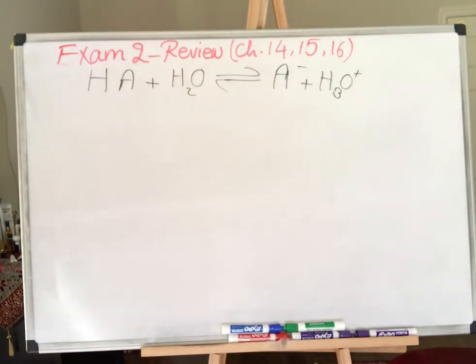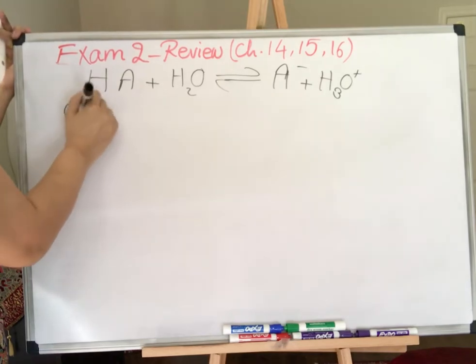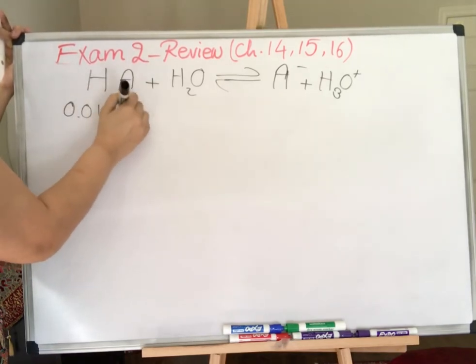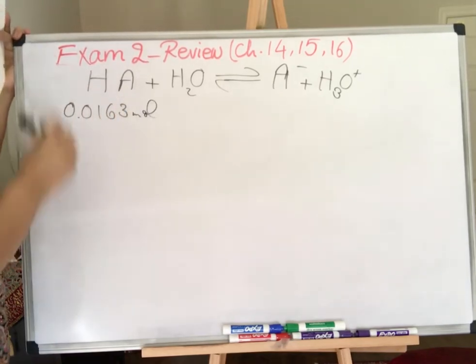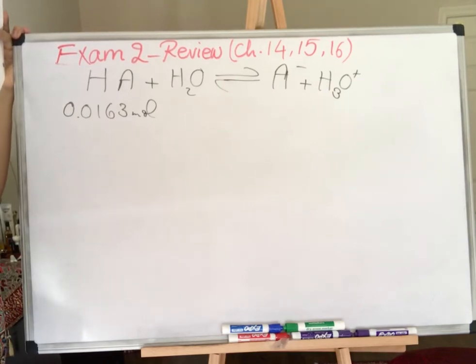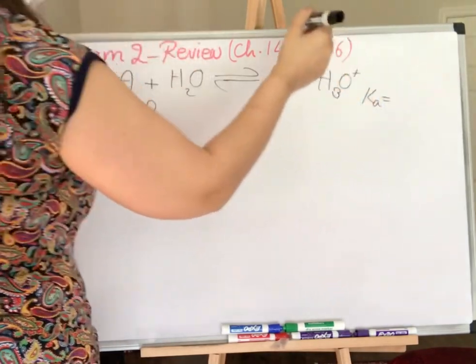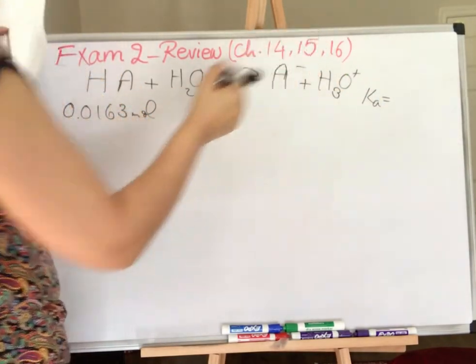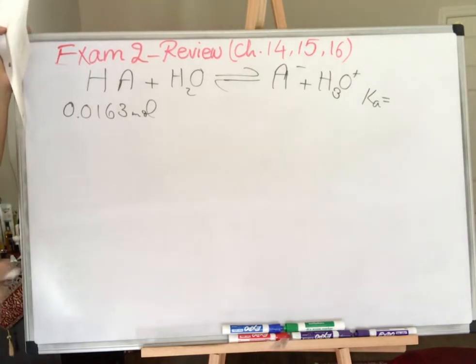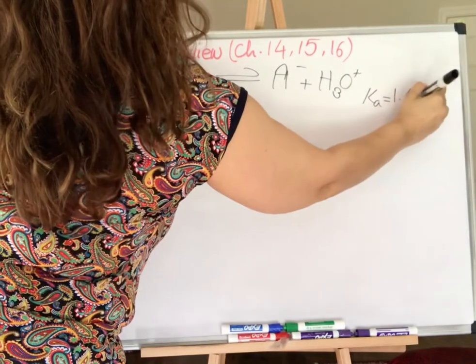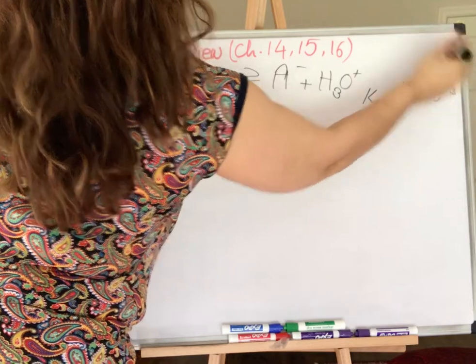So it says that we initially have 0.0163 moles in 1.3 liters. Then Ka is given. Ka is how much? 1.4 times 10 to negative 3.